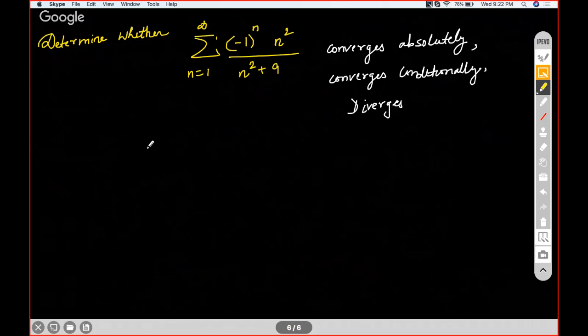Absolutely, it diverges because the limit of a_n as n tends to infinity is, as you rightly pointed out, 1. If you find this limit as n tends to infinity, we need to divide by n square. So it will be 1.